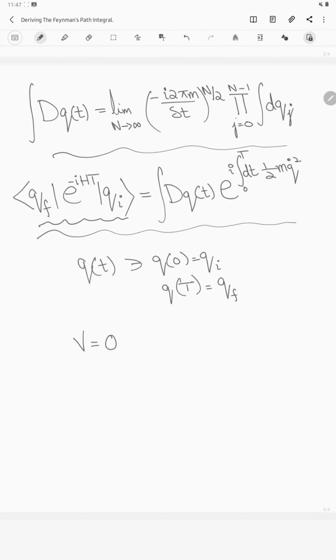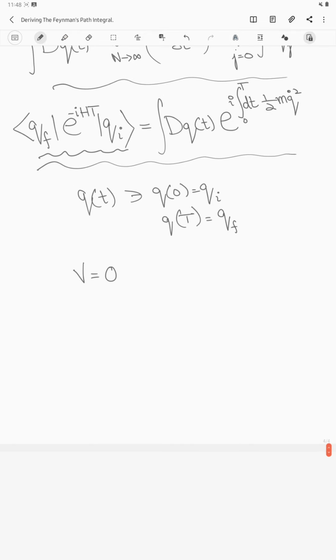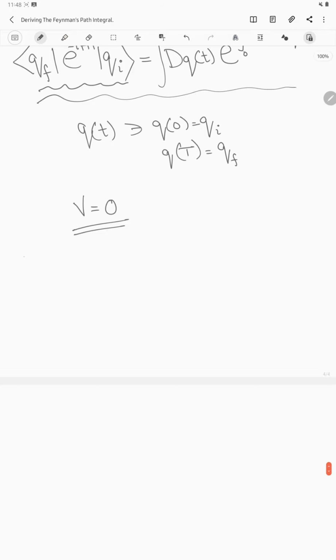Right, so you should, by following the same exact procedure that we did for a free theory, show for yourself that had we not ignored v, or had we not set v equal to 0, what we would have was qf exponential negative iota ht qi.